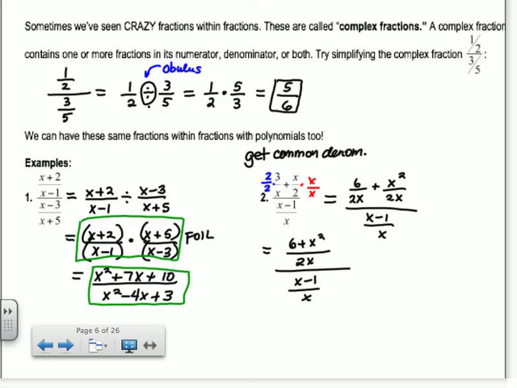Okay, now that you see it in that form, that allows you to use that little obelus sign. So you're going to say 6 plus x squared over 2x divided by x minus 1 over x. If you skip that step, it's fine if you can see it. So it's going to be 6 plus x squared over 2x times the reciprocal, so times x over x minus 1.